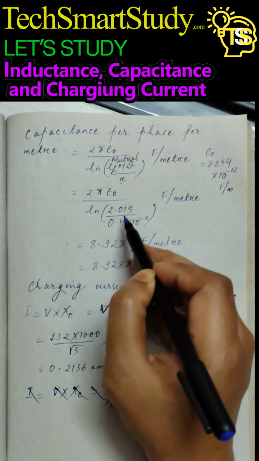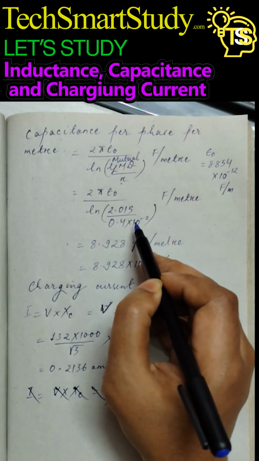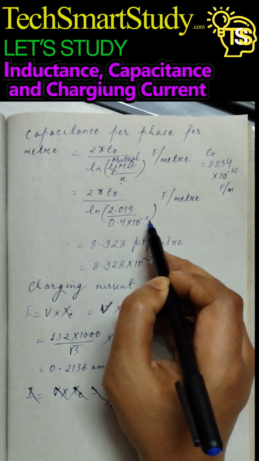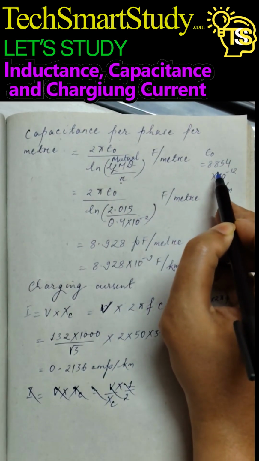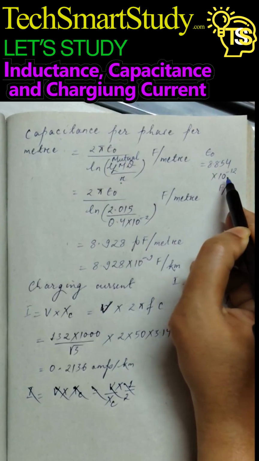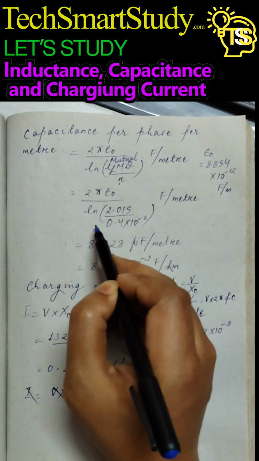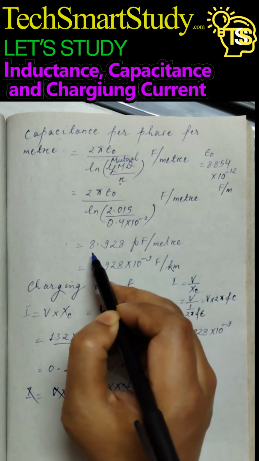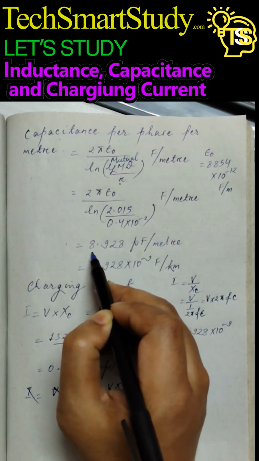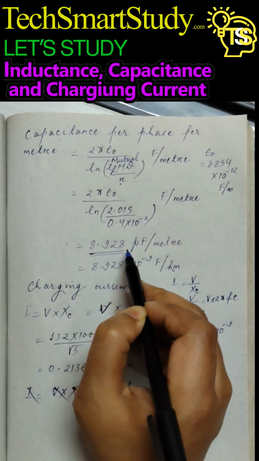Radius we have got as 0.4 into 10 to the minus 2 meter and epsilon naught value is 8.854 into 10 to the minus 12 farad per meter. So we'll put all these values in the formula, then we'll get the final value as 8.928 picofarad per meter.